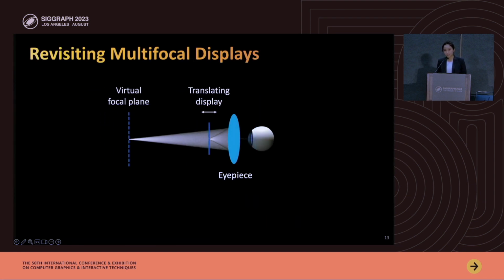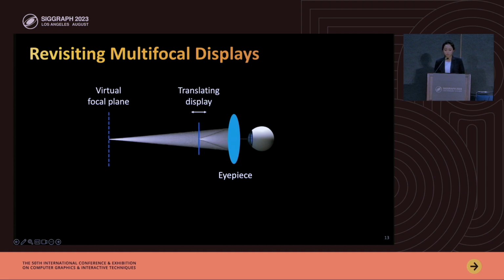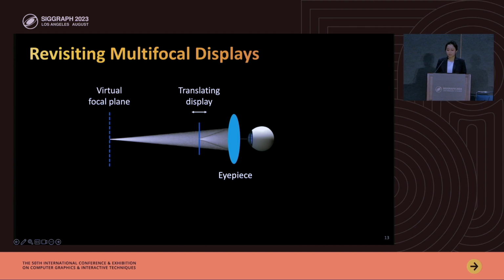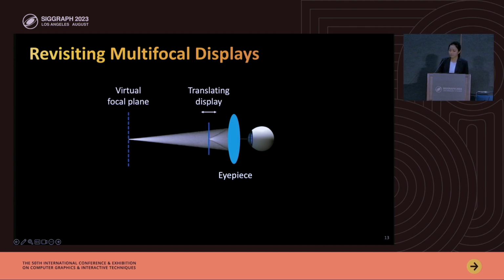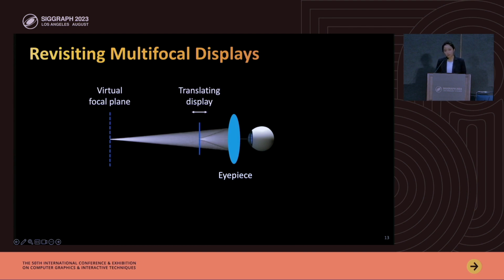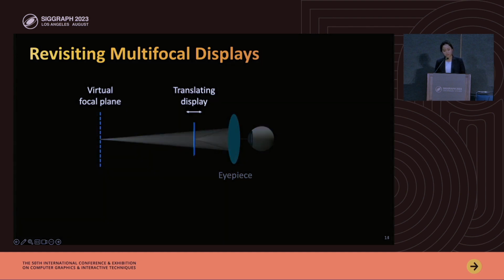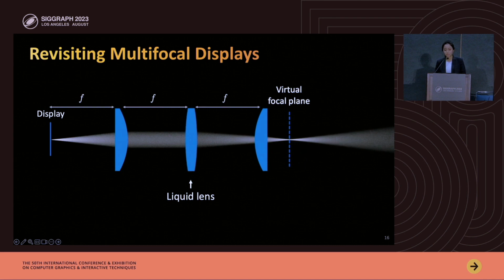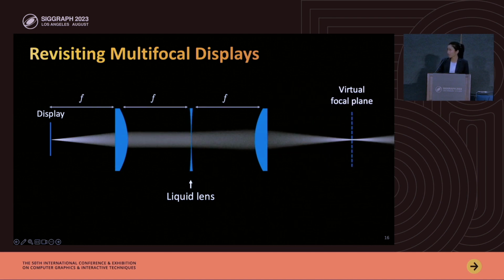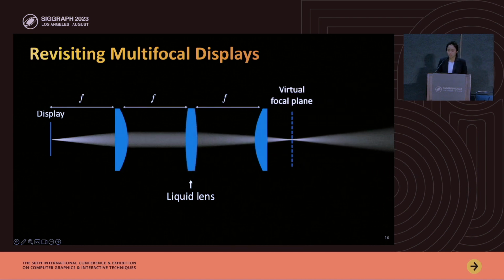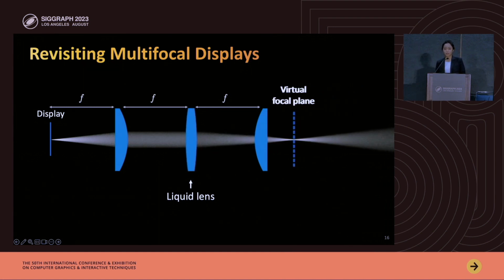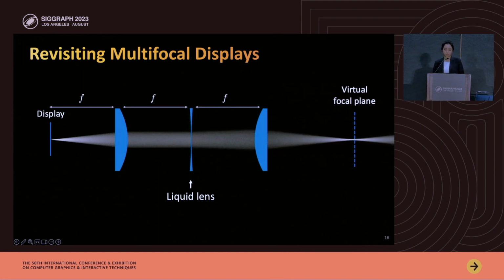So now let's start with a basic design of a multifocal system, but now translating the display instead. The virtual focal plane is translated in depth. In an equivalent way, we can also use focus tunable lenses or liquid lenses to shift the focal plane as shown here. So in this configuration, changing the focal length of the lens in the middle optically shifts the focal plane to different depths.